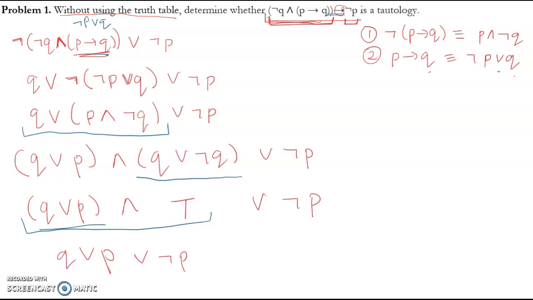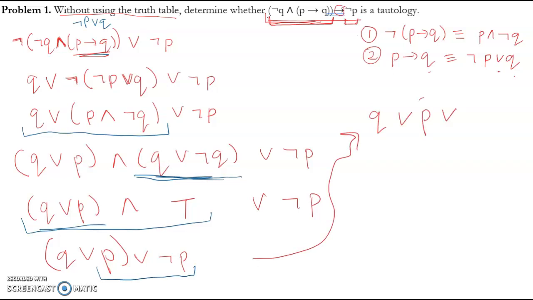Now I'm going to do something similar to this step. You can still continue to take the parentheses, and take the next step using the associative rule.